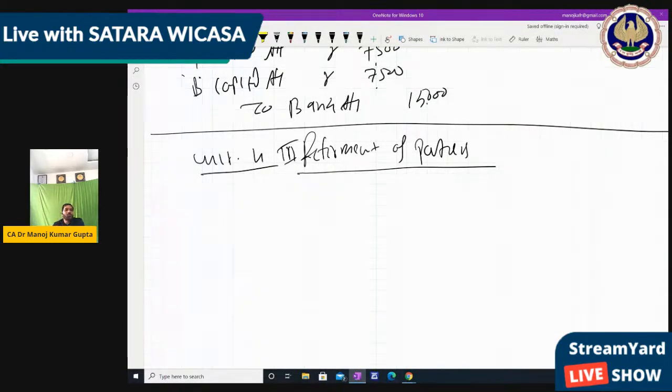Because previously, suppose you had three partners, you distributed one chapati in three parts, one third, one third, one third. Now, only two partners remain. One partner retired from the partnership firm. So you have to distribute that one chapati among both only. That means the retiring partner's share will be gained by the remaining partners.